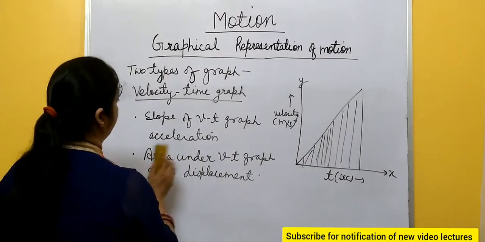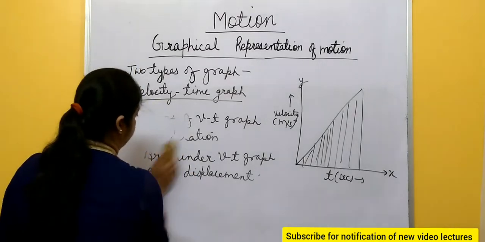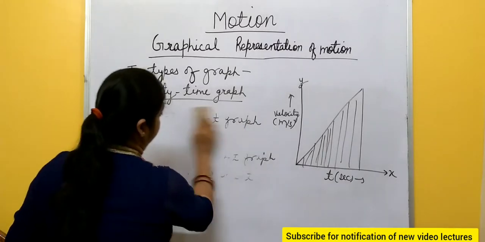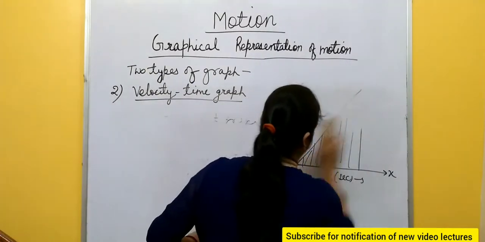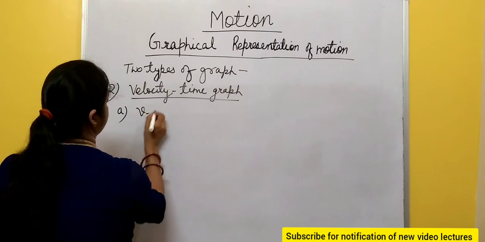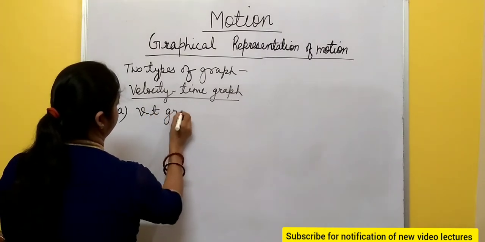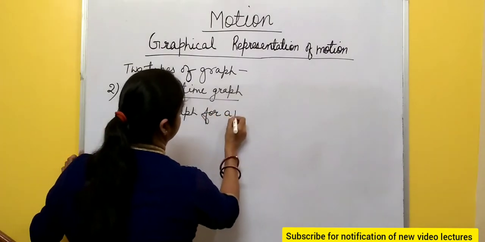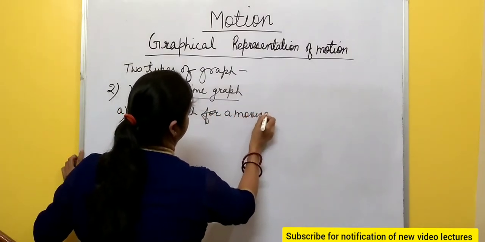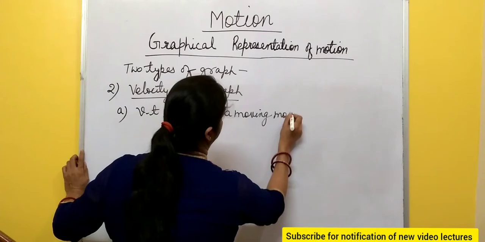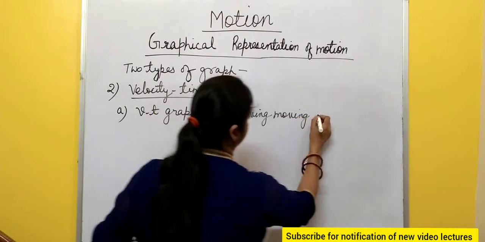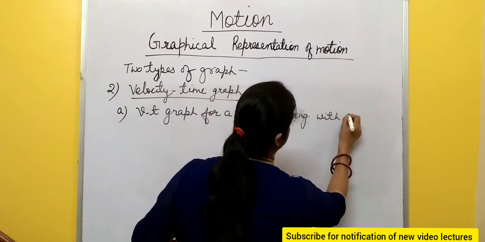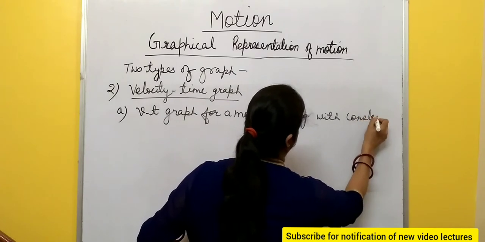Okay, let us take the first case: velocity time graph for a body moving with constant velocity.